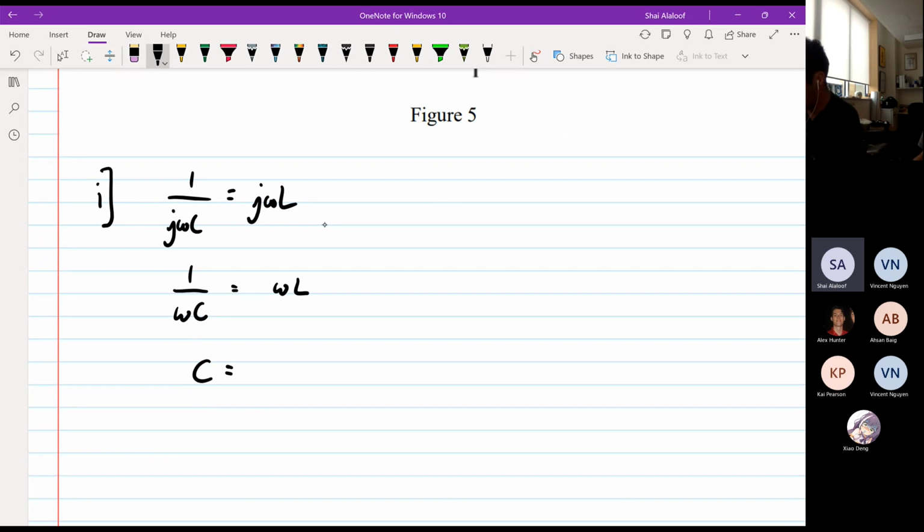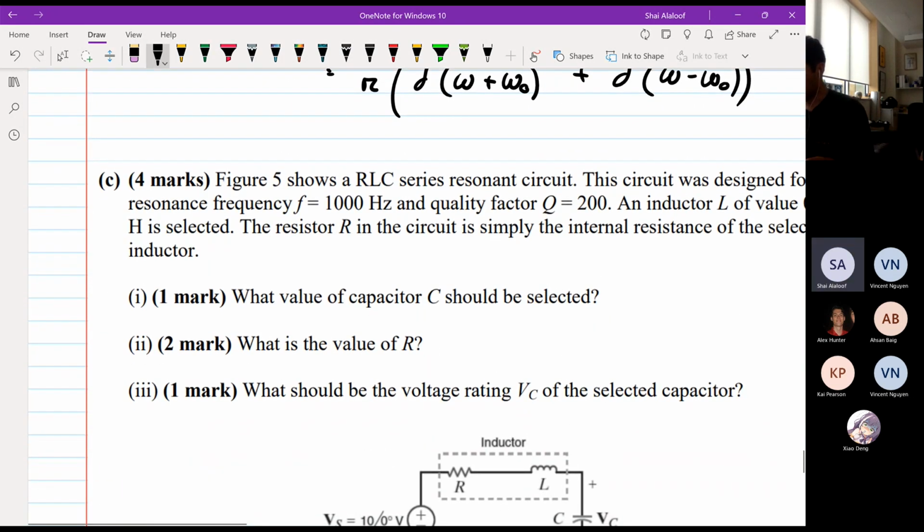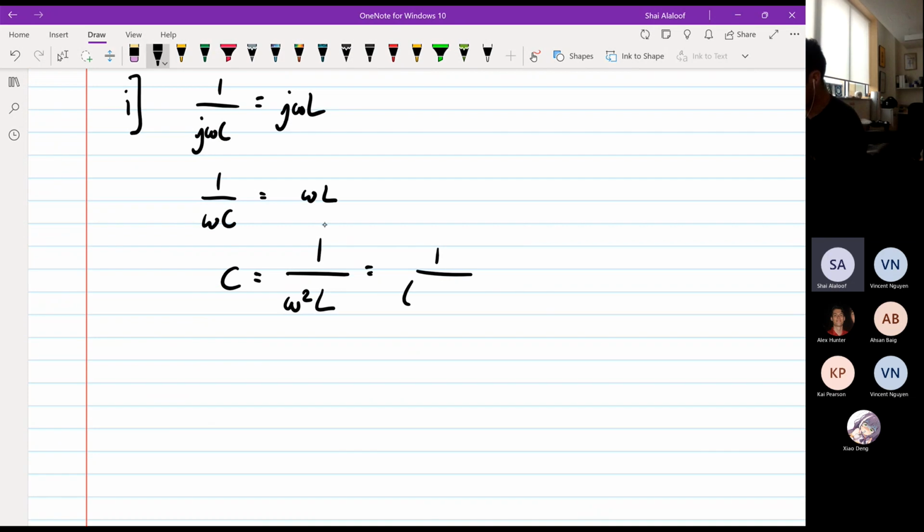So C is 1 on omega squared L. Yep, 1 on omega squared L. Which you should get is equal to, what was omega? It said resonant frequency of 1000 hertz. So 2 pi times 1000. Got to be careful not to accidentally use hertz instead of rad per second, because omega is in rad per second.